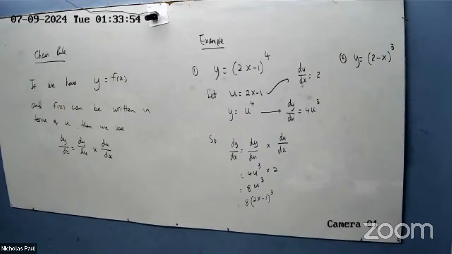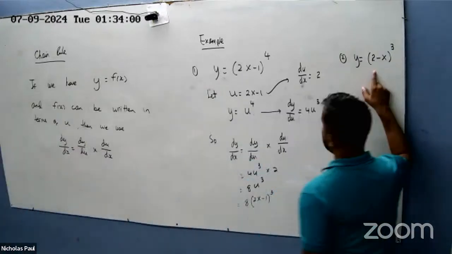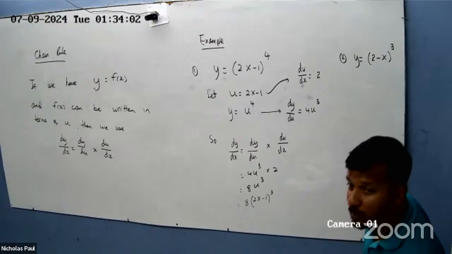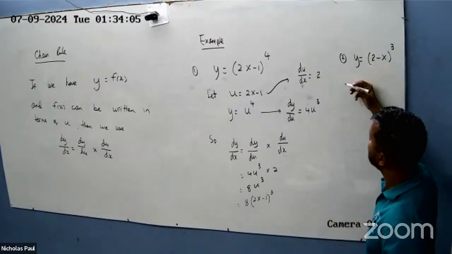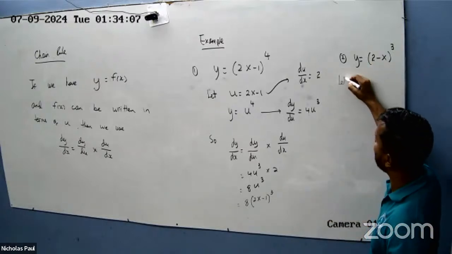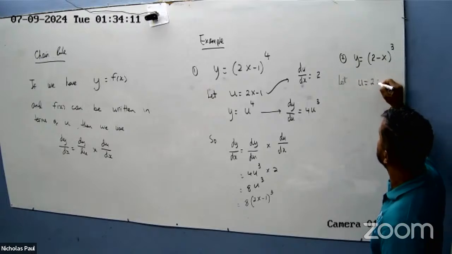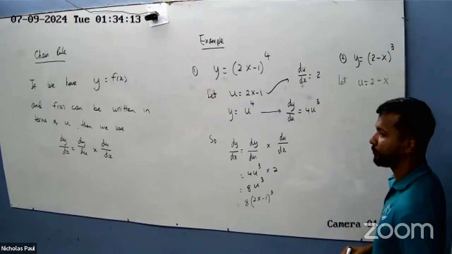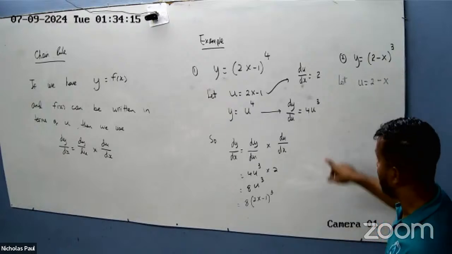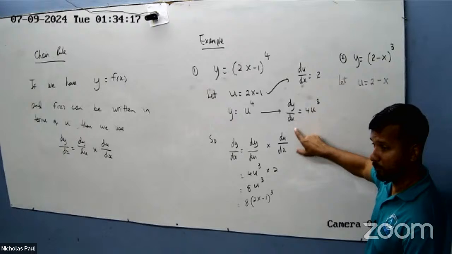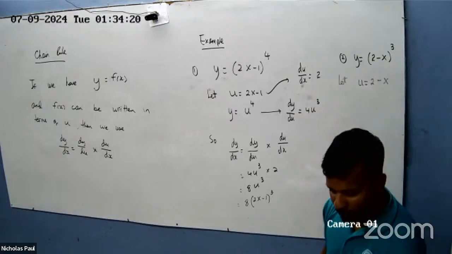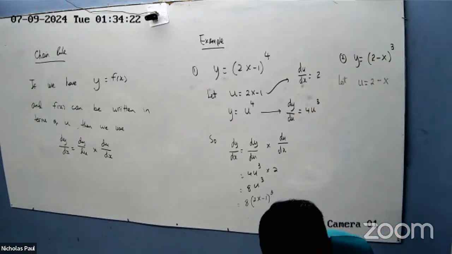Take your time, follow all the steps. What do you let u equal to? 2 minus x, right? So u is generally whatever is in the bracket. So let u equal 2 minus x, and then follow the steps. Hurry up, let's see if we get that.